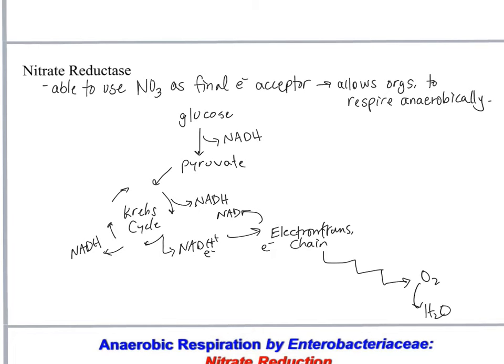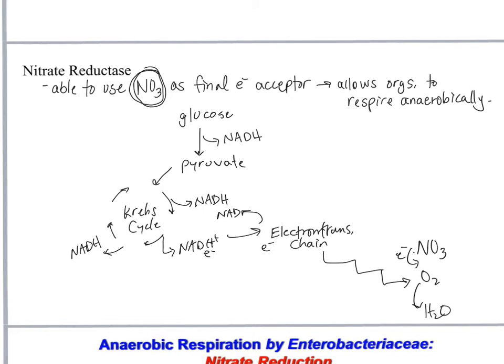If there's no oxygen present and the organism is able to use something else, like say nitrate or sulfate or carbonate as a final electron acceptor, then it will do pretty much the same thing. The Krebs cycle is a little bit different, but pretty much the same cycle, only it's nitrate instead of oxygen that picks up those electrons.